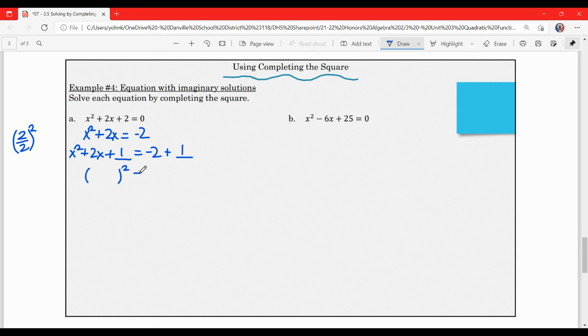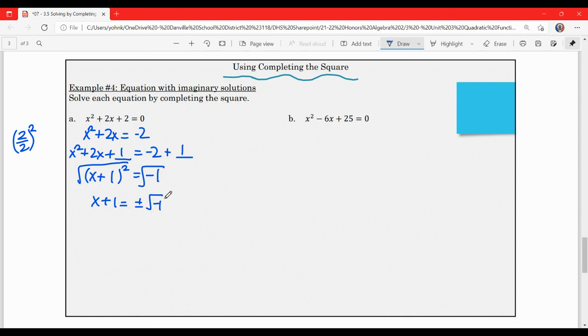I factor the left side. Letter from the problem is the letter in the parentheses. Sign is the sign. And the half term goes in the parentheses, which 2 divided by 2 was 1. And on the right side, I get negative 1. Then I can square root both sides. So I get x plus 1 equals plus or minus the square root of negative 1.